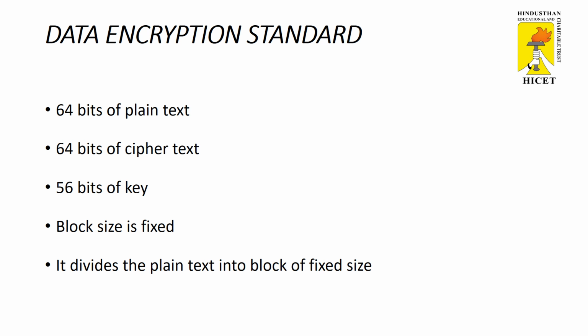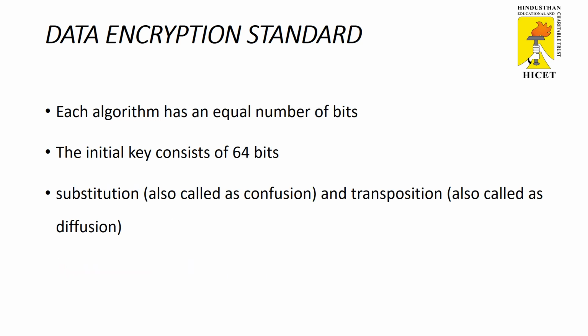Here the block size is fixed. We know a block cipher is an encryption method which divides the plain text into blocks of fixed size. In the data encryption algorithm, each block has an equal number of bits. Actually, the initial key consists of 64 bits.